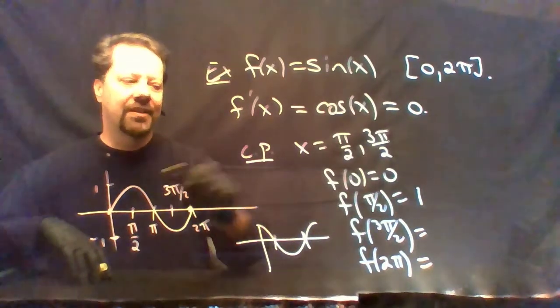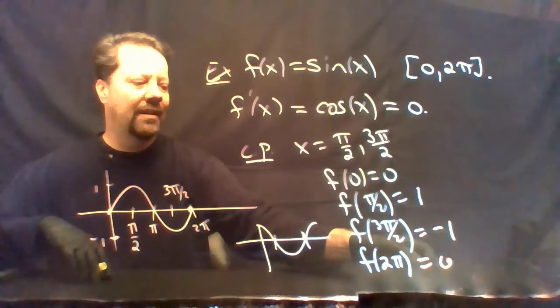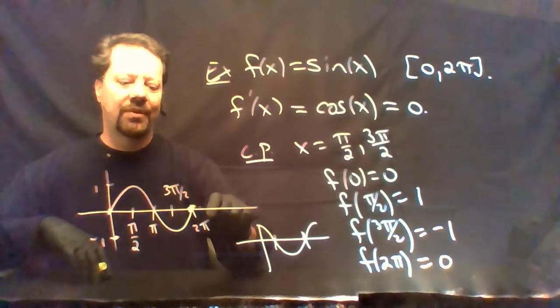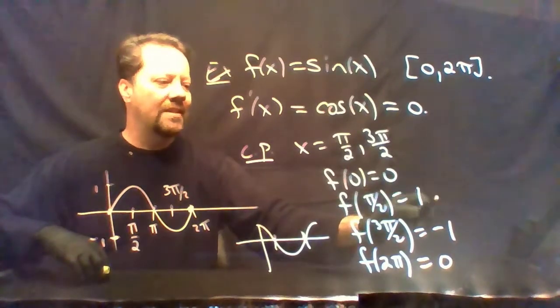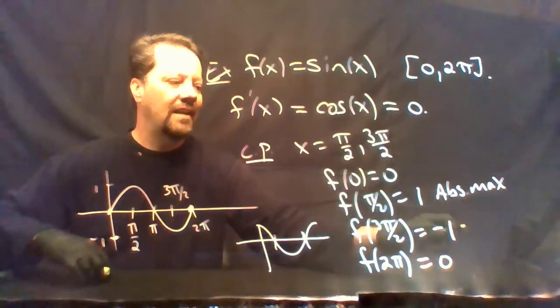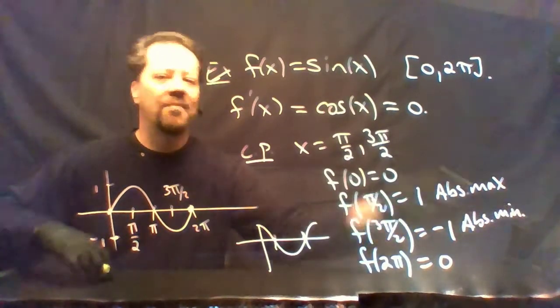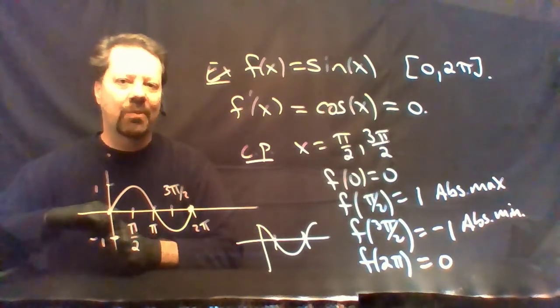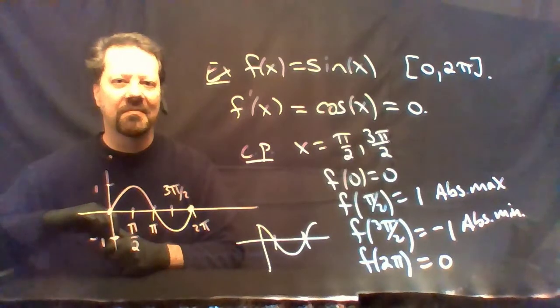The height of the sine function at pi over 2 is 1, at 3 pi over 2 is -1, and at 2 pi you get a height of 0. So 1 is the absolute max, and -1 is the absolute min. We were guaranteed that these points existed on the interval 0 to 2 pi by the extreme value theorem.